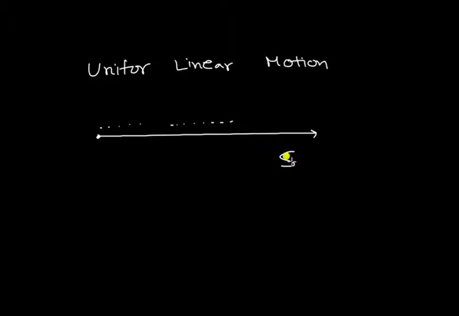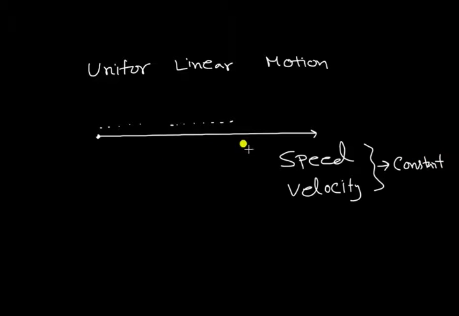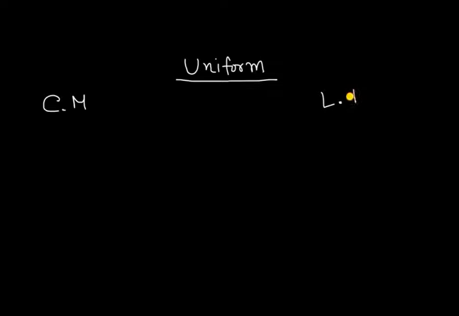So here the speed as well as the velocity both are constant, and this is the basic difference. That means the motion is non-accelerated. So this is the basic difference between uniform circular motion and uniform linear motion.